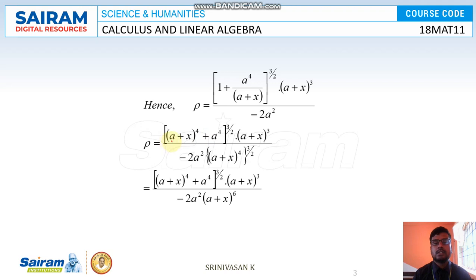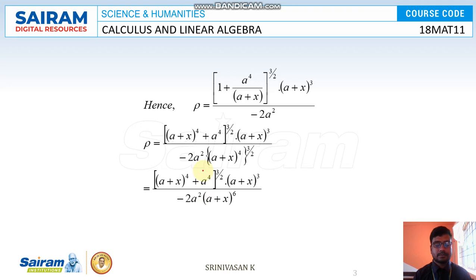Okay, so this is cross multiply and we will get (a plus x) power 4 plus a power 4, power 3 by 2 into (a plus x) power 3 divided by minus 2a square into (a plus x) power 4 power 3 by 2, which is (a plus x) power 6.